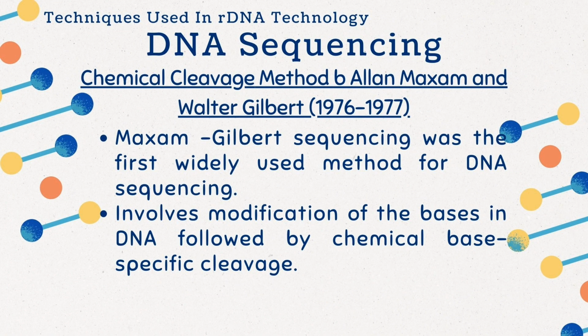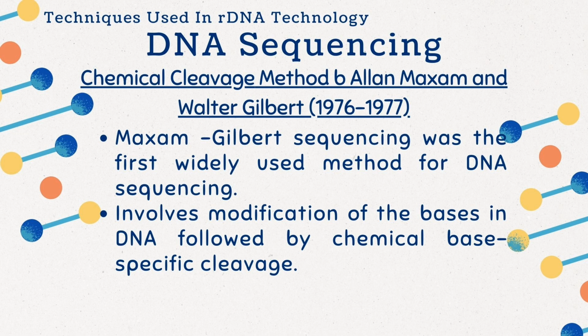So, we're going to talk about the chemical cleavage method by Alan Maxam and Walter Gilbert, 1976 to 1977. Maxam-Gilbert sequencing was the first widely used method for DNA sequencing. It involves modification of the bases in DNA followed by chemical base-specific cleavage.